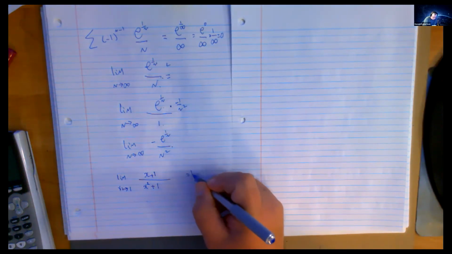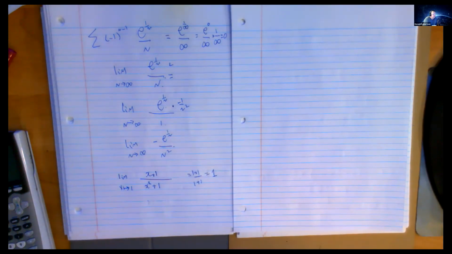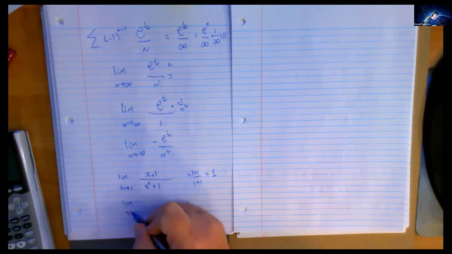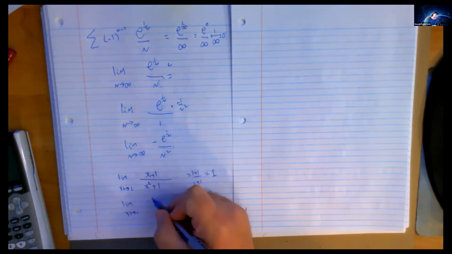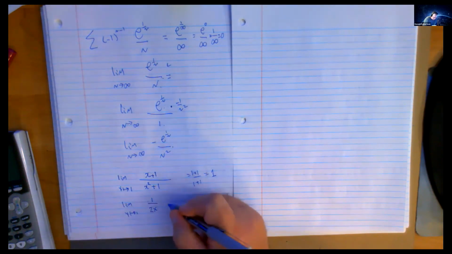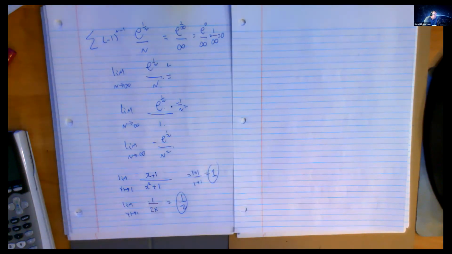Can't I just go 1 plus 1, 1 squared plus 1, the answer is 1. Great. Suppose I use L'Hopital on it. Won't the derivative be 1 and on the bottom it's 2x? Can I plug in 1 now? Yes. Do you see the L'Hopital when you use it when you shouldn't? Might give you an answer, and the answer is wrong.